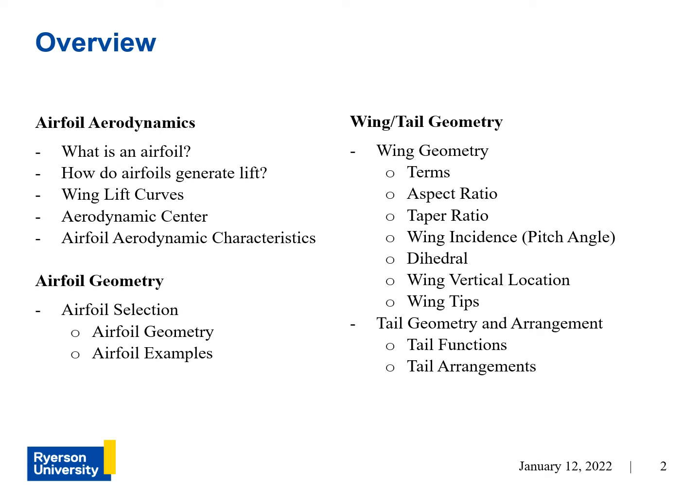And the last section will be talking about the geometry of the wing and the tail, and the terms that you need to understand, as well as what aspect ratio is, taper ratio, dihedral, and in tail geometry we'll just be talking about the functions of the tail as well as different arrangements of tail.